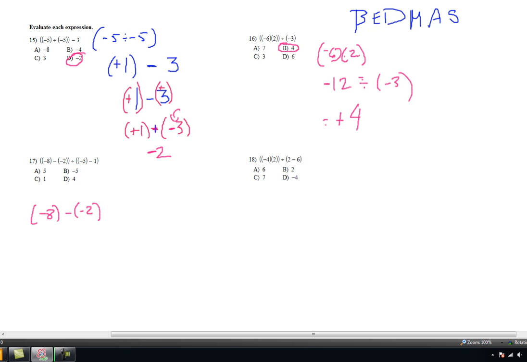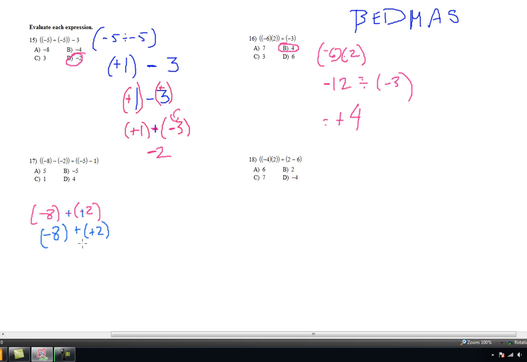So again, we have another subtraction, and again what you have to do is you have to switch the subtraction into an addition. And then you switch the sign of the second integer. So you see here, second integer is -2, so it's a negative, we're going to change to a positive. So now we're dealing with -8 add by +2.